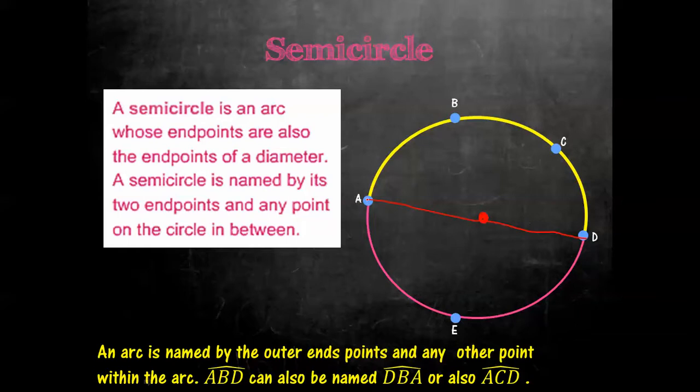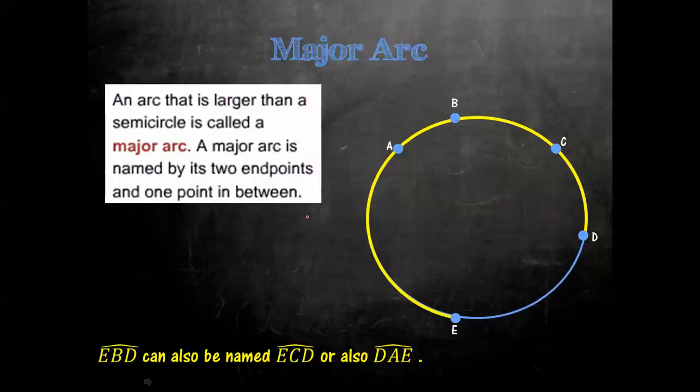So here our endpoints are A and D. Our semicircle we could call ABD or ACD, or we could call it DCA or DBA. It's just important that we have the A and the D at the front or the back. And it doesn't matter, just as long as one of the points is there in the middle. That's how you name a semicircle.